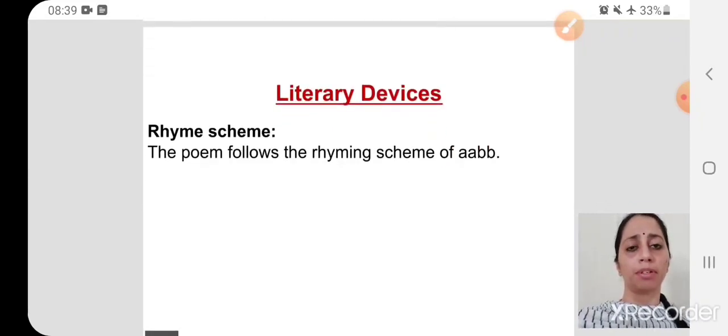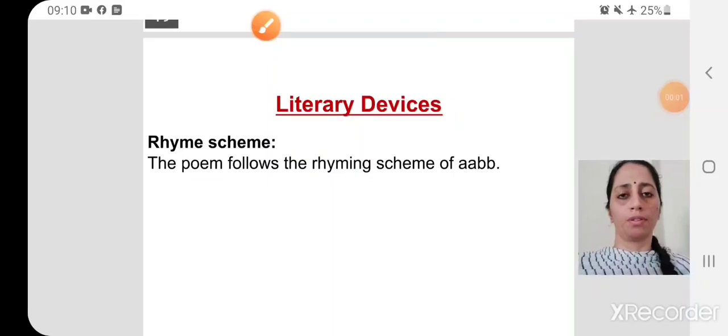Rhyme scheme. So what is rhyme scheme? Basically, rhyme scheme is the pattern of rhymes at the end of each line of a poem or a song. And how do we indicate that?